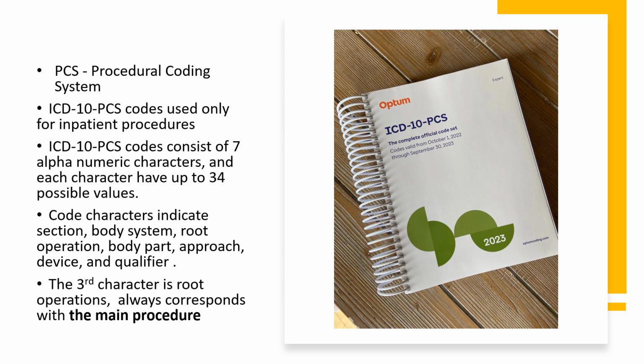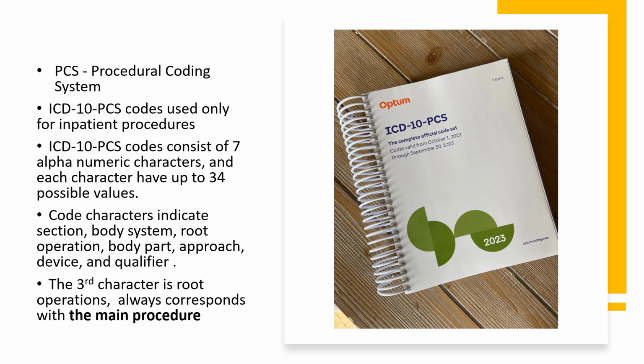ICD-10-PCS stands for International Classification of Disease, 10th Revision Procedural Coding System. ICD-10-PCS codes are always used for inpatient procedures. These codes consist of 7 alphanumeric characters, and each character has up to 34 possible values.